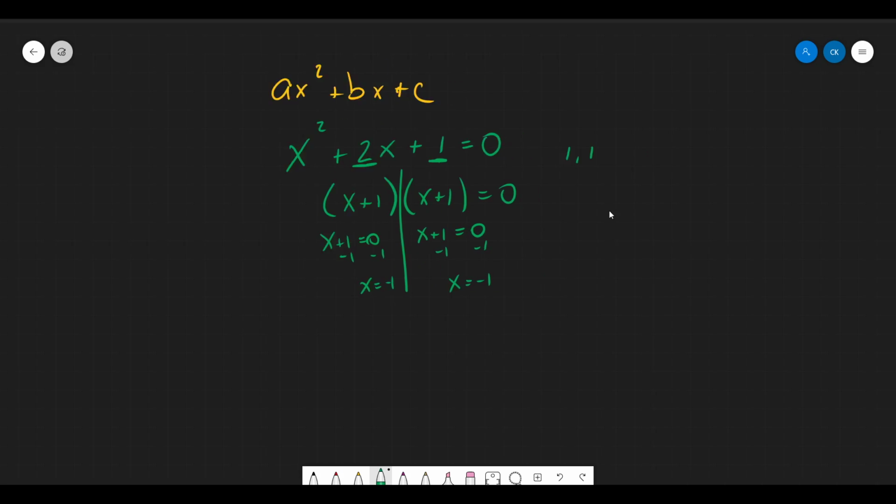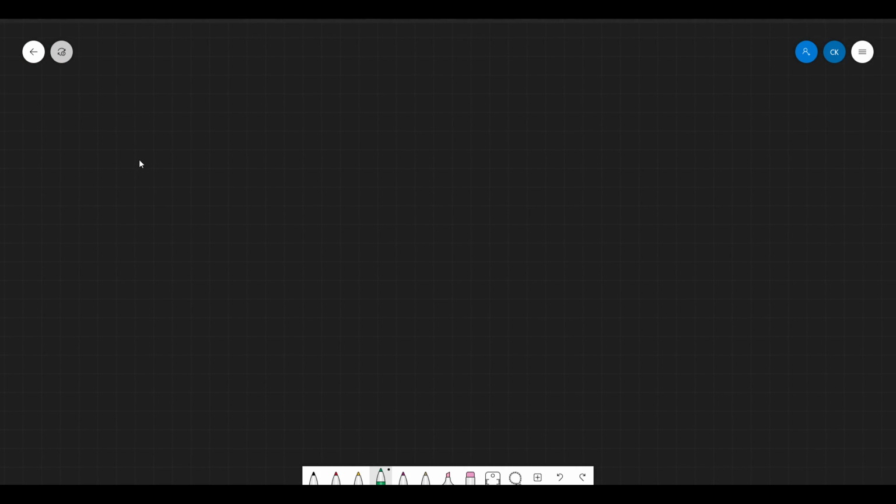But like I said, now we're going to be working when we have a coefficient there. So let's just say I wanted to solve the equation 2x squared plus 9x minus 18 equals 0.